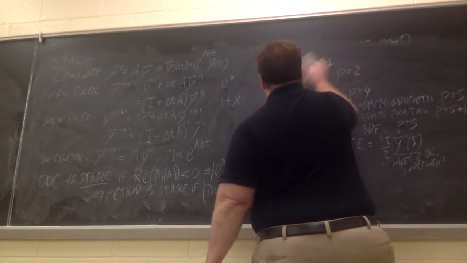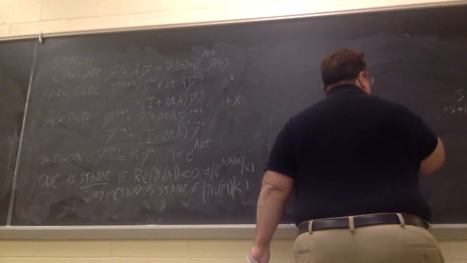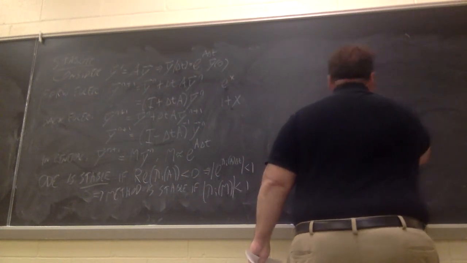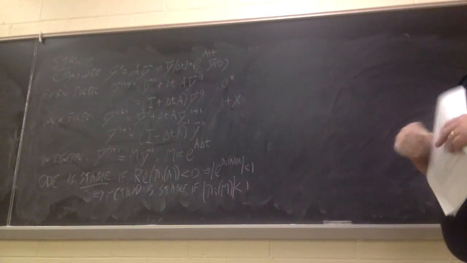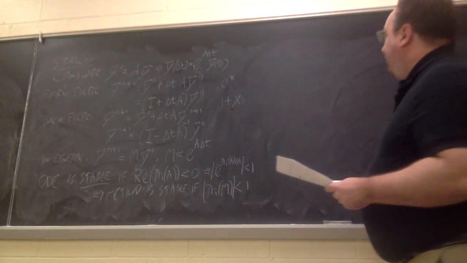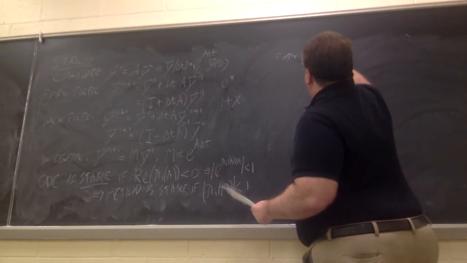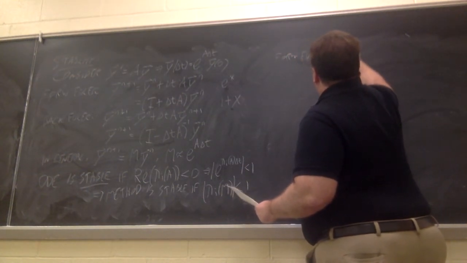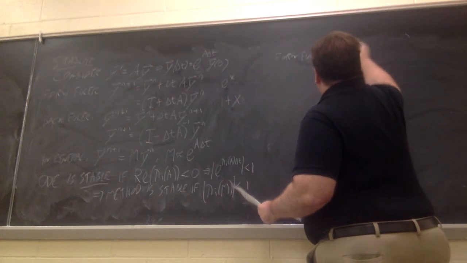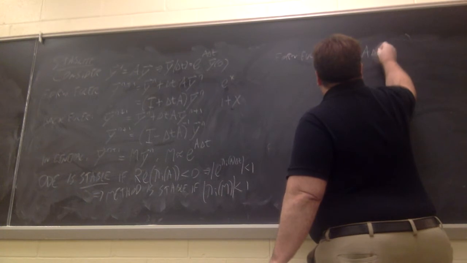So, what about forward Euler and backward Euler? Are they stable? At least with these methods, it's not difficult to check. So for forward Euler, M is equal to identity plus A delta t.